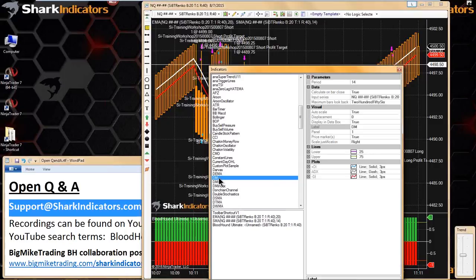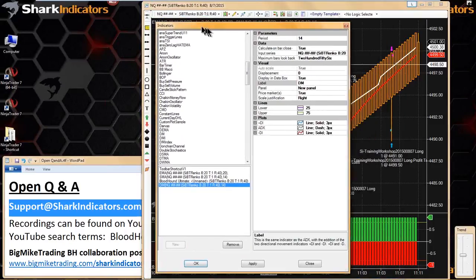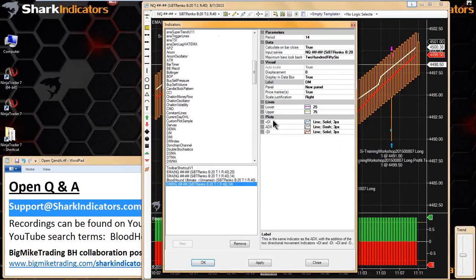But yeah, there's always subtle differences between all of the charting software out there. So if we take the DM indicator, the DM indicator has the DI plus, the ADX, and the DI minus. So this indicator was created as a trend indication.